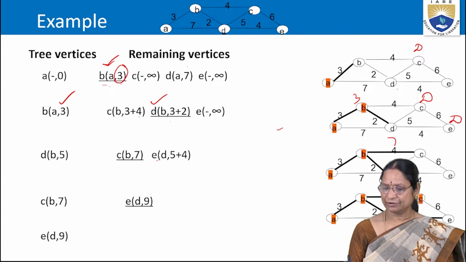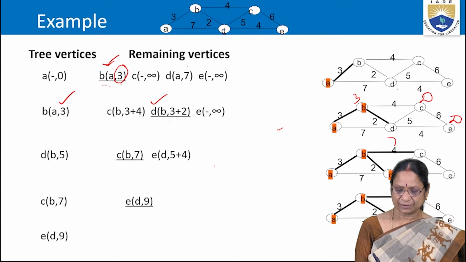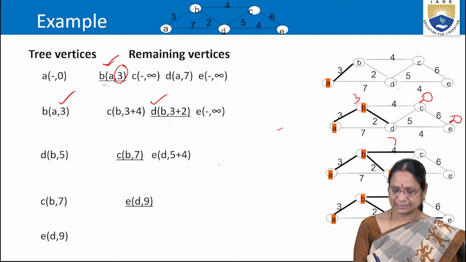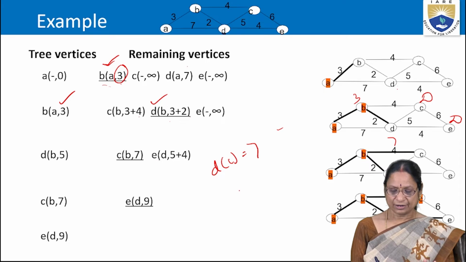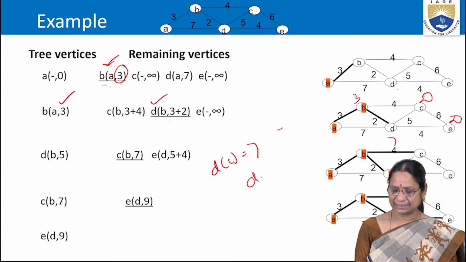C and E. From D, what is the reachability cost to C? Distance of C is 7, already estimated by us. Now I will estimate if there is an edge directly from D. C is an edge there.